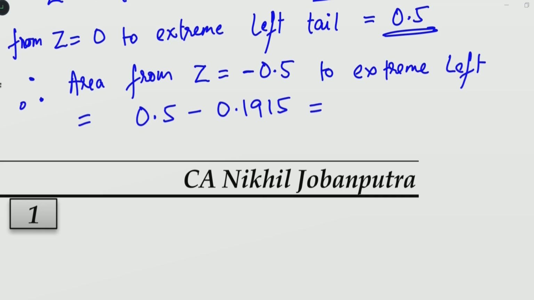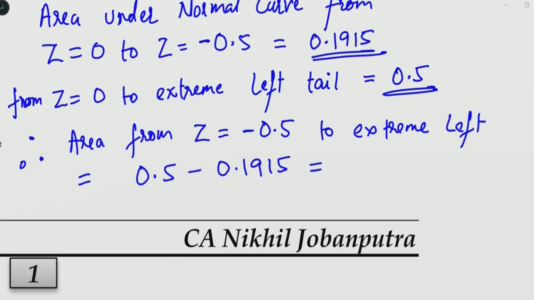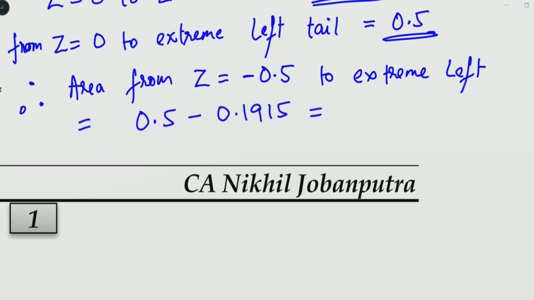Let us work it out. 0.5 minus 0.1915 gives you 0.3085.